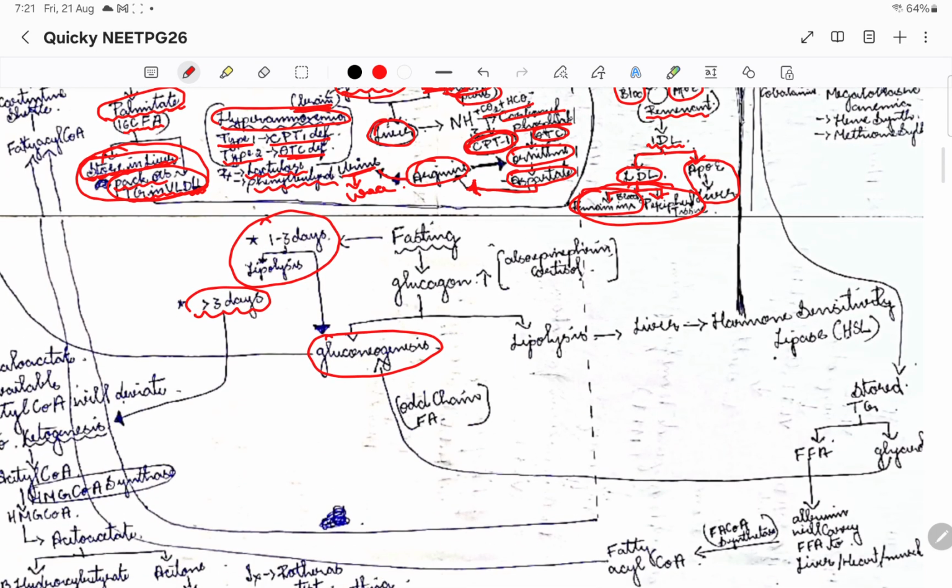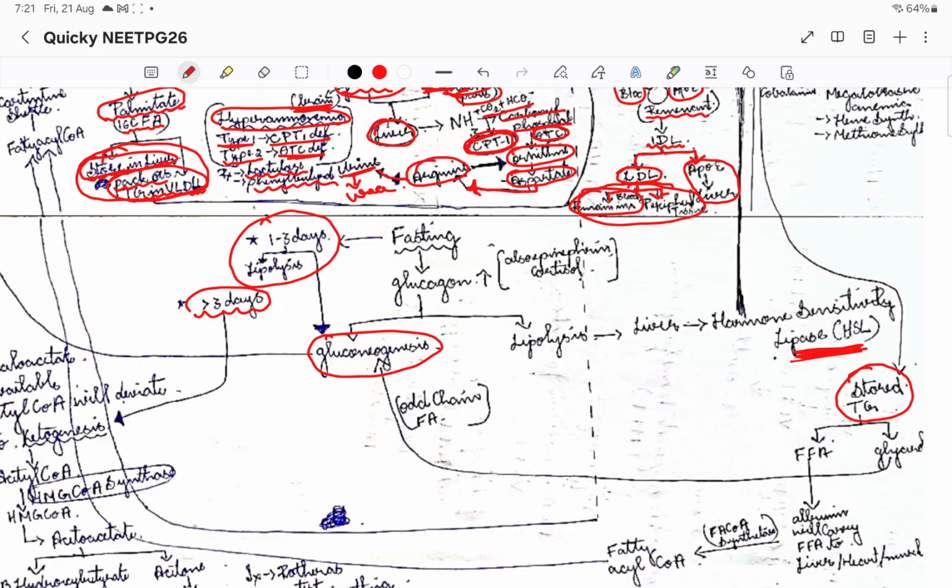This stored fat will be converted to free fatty acids and glycerol. What converts the triglyceride that was stored in our liver into free fatty acids and glycerol is hormone sensitive lipase. Remember hormone sensitive lipase. When suddenly you are undergoing some 16-hour or 18-hour fasting, someone told you one meal a day and all, our liver starts secreting something known as hormone sensitive lipase.